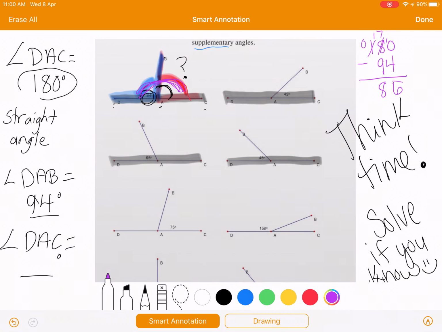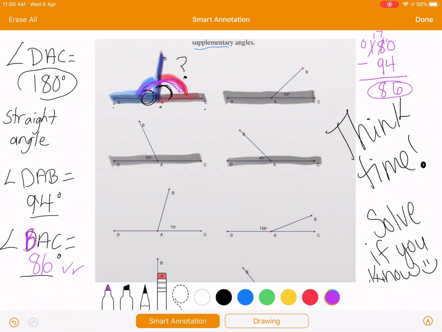What does 86 represent? Well, if you said that 86 represents angle, oh, and this should be B, I just realized this is B, not DAC. If you said that BAC is 86 degrees, you are correct.